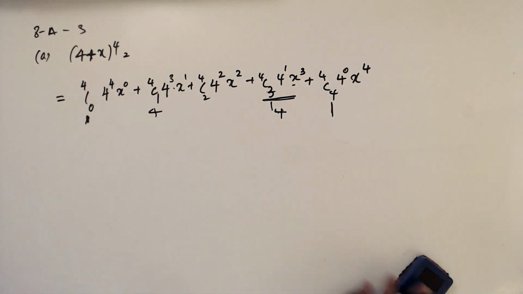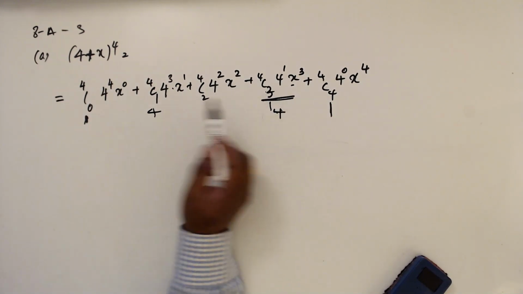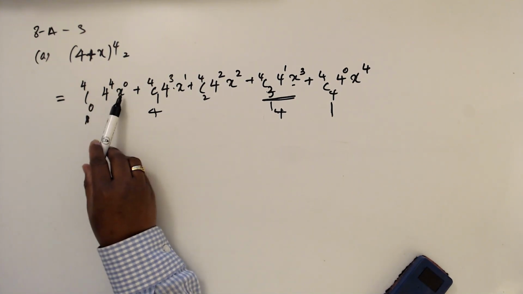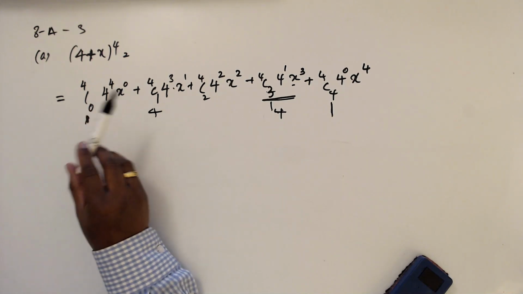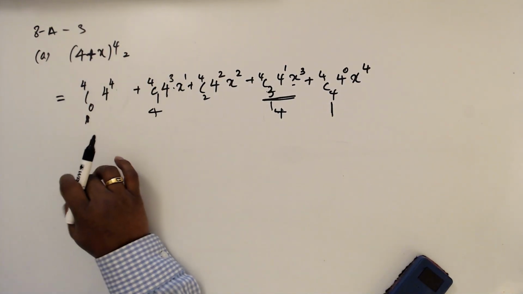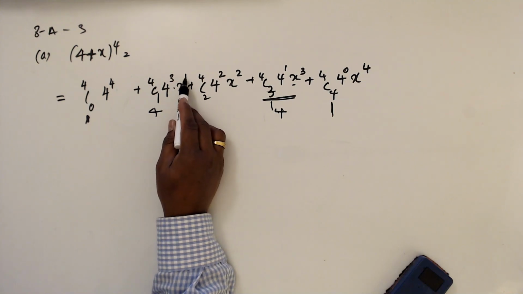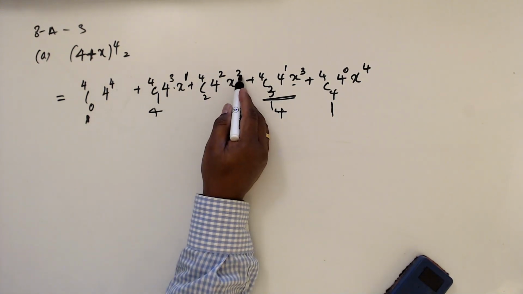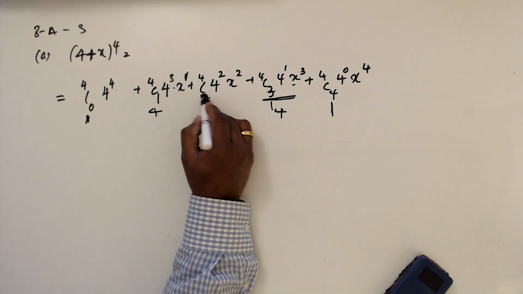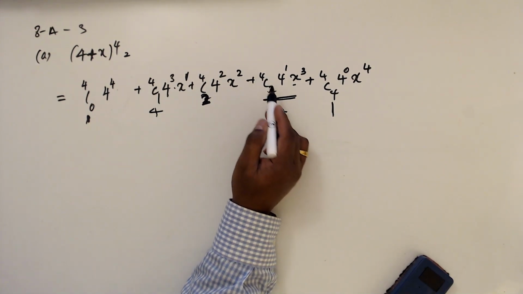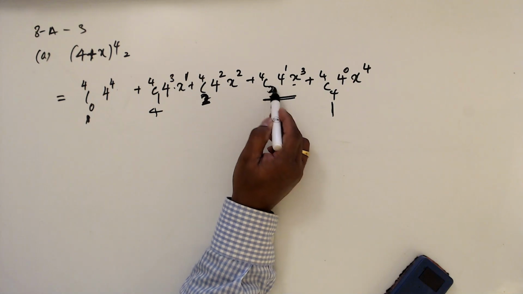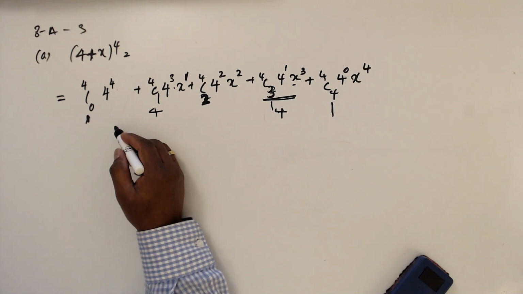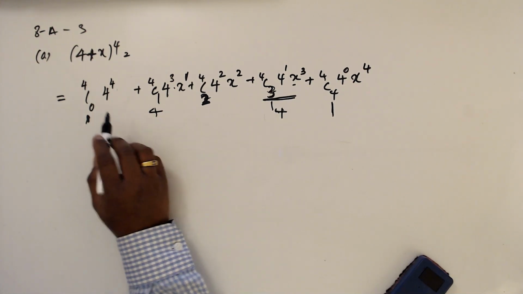Can you write it without writing out the x cube term? Can you see that this is x0, there is no x, and here x to the power 1 is 4C1, x to the power 2 is 4C2, x to the power 3 is 4C3, and 4C4.